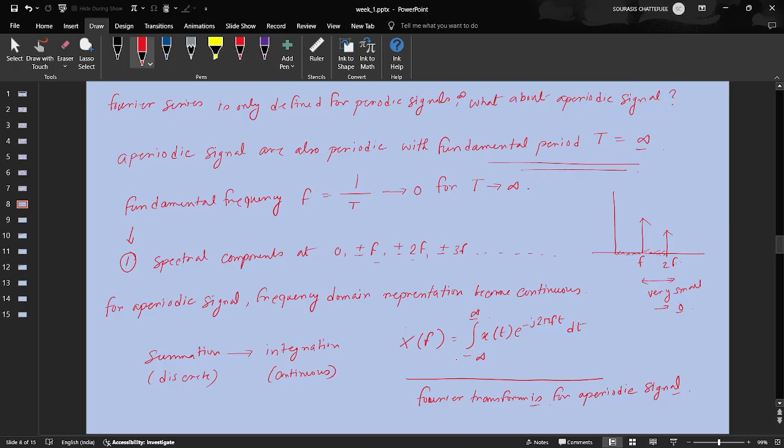So I would like to emphasize this point again: in the Fourier series we have spectral components at different frequencies. Now for an aperiodic signal, since the fundamental frequency itself goes to 0, the frequency domain representation becomes continuous in frequency, and that is why you need to introduce the Fourier transform to have a valid frequency domain representation for aperiodic signals.